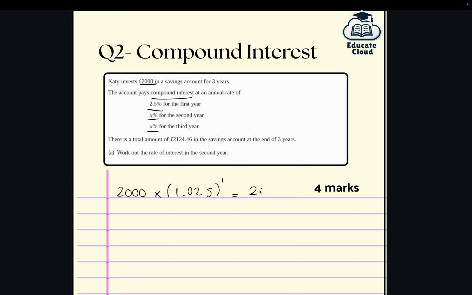And that gives us £2,050. Think about how we get our multiplier here: we do 100 plus the percentage, so that's 102.5 over 100, and that gives us 1.025.